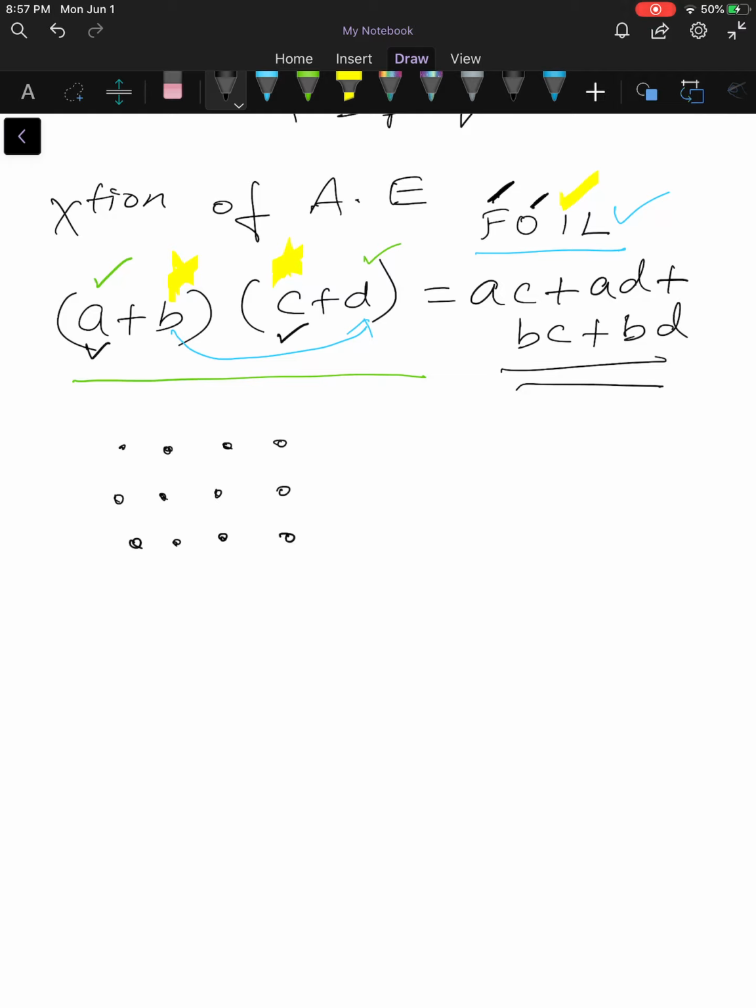Now we can apply the distributive property. Distribute this x to the power of 3 by 2 over each of the terms inside the braces. So that is x to the power of 3 by 2 times x to the power of 1 by 2 minus x to the power of 3 by 2 times x to the power of negative 1 by 2. Now bases are same. You can add the powers. So therefore x to the power of 3 by 2 plus 1 by 2 minus x to the power of 3 by 2 plus minus 1 by 2.